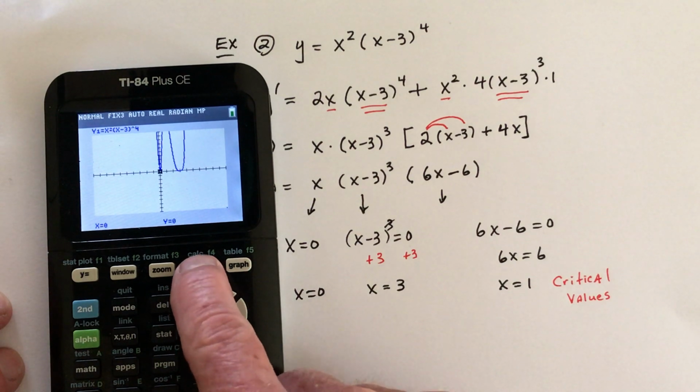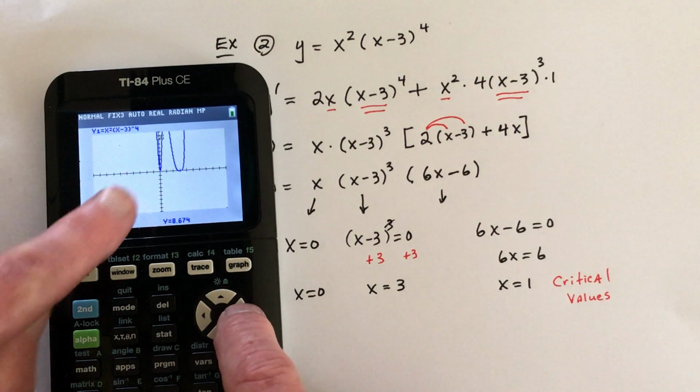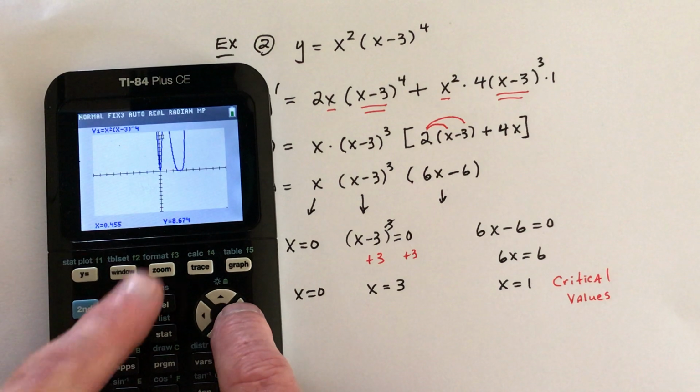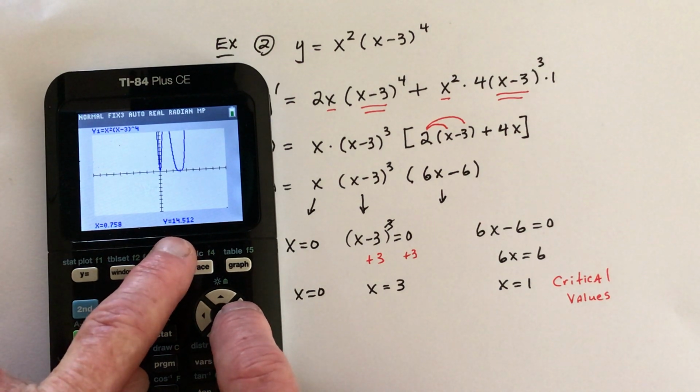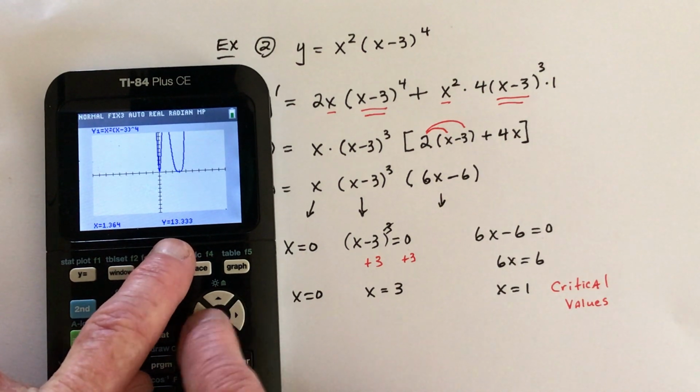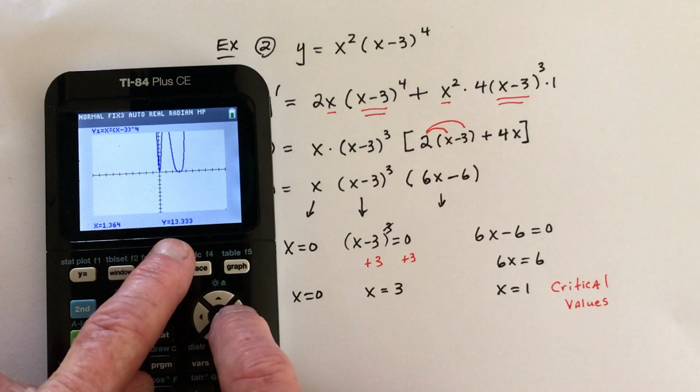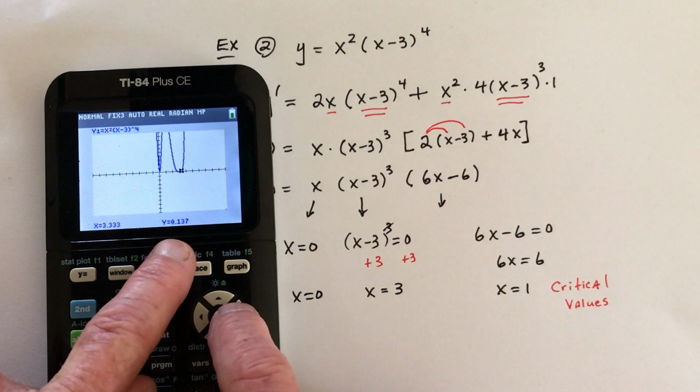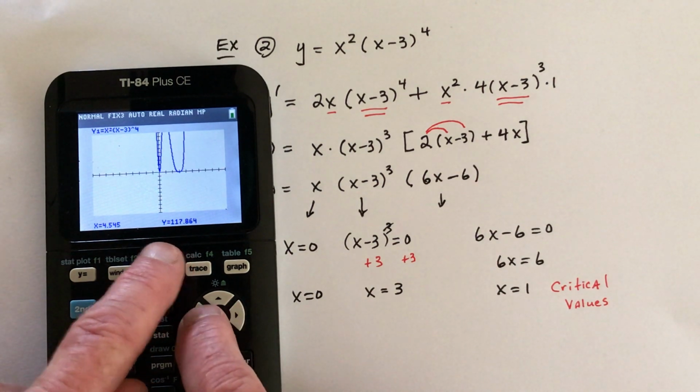So to see where it is, I'm just going to put trace, and as you see the cursor leave the screen, doesn't matter, just watch the Y values. So they went up to about 15 and then started coming back down. And then after that, it's just going to keep going up.